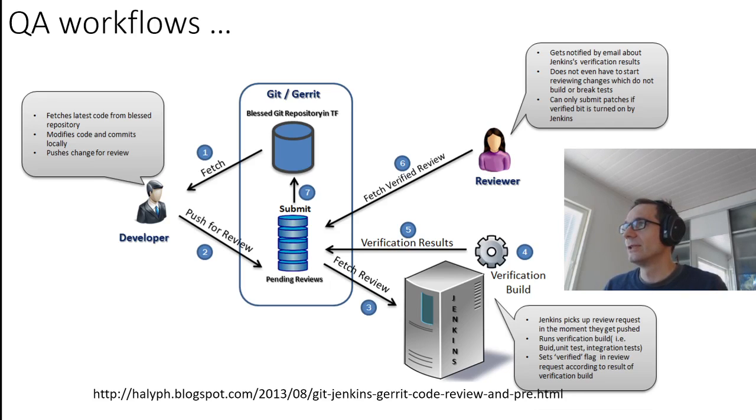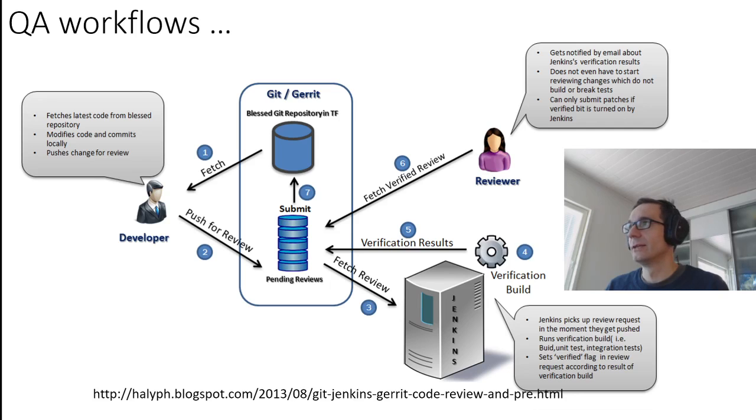Anyway, once this verification is complete, there is a result that, okay, this builds and the tests are good. Only then is the review executed. So then it's fetched for review. If this Jenkins part fails, then it goes back to the developer. This organization has the benefit that the reviewer does not have to review anything that already fails in the automated quality assurance part.